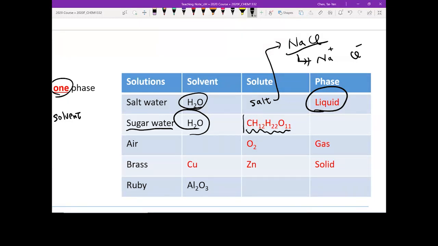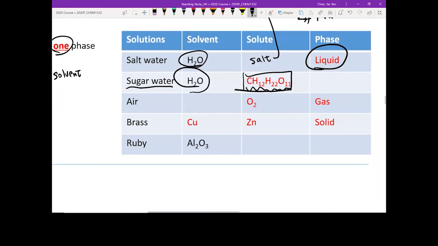It just exists as the sugar form, but it forms hydrogen bonds with your water so that it stays in molecular form inside water. So it also forms a very stable solution.